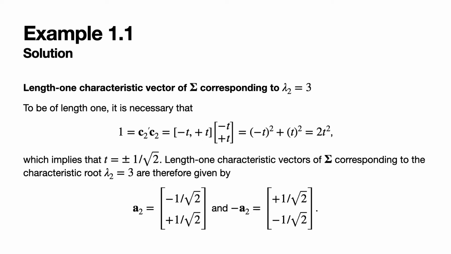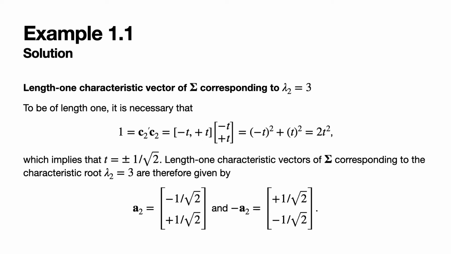When we carry out that inner product calculation, we see that it is again equal to 2 times t squared. And so that implies that t can be either positive 1 over the square root of 2 or negative 1 over the square root of 2.